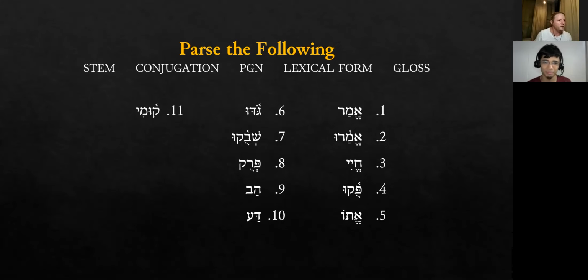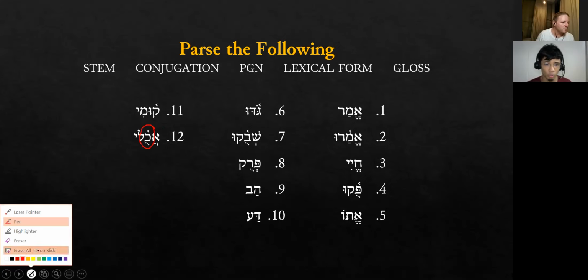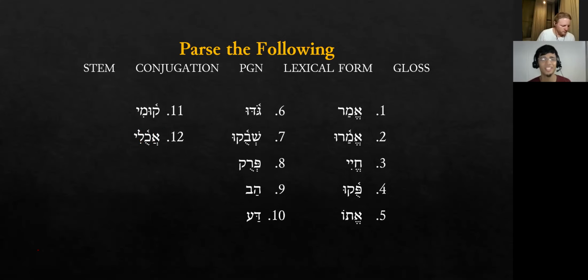All right. Kumi is from lakum in Hebrew. Kum, meaning arise. Peal imperative. But it's not a kumi, it's a kuli, akuli.